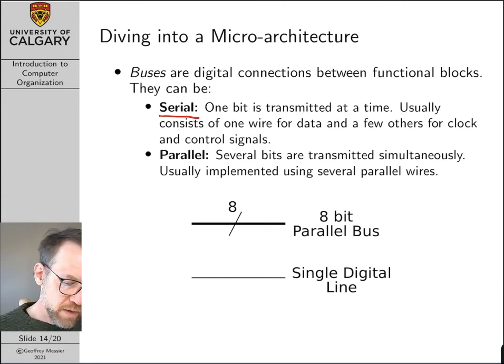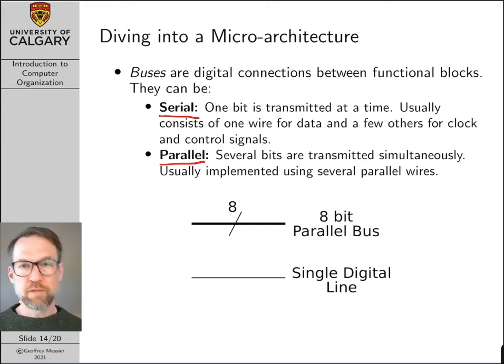A parallel bus consists of several parallel wires that carry several different bits simultaneously. So you can send a bunch of bits simultaneously, usually implemented using several parallel wires.